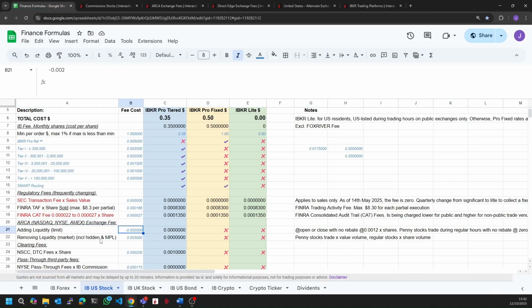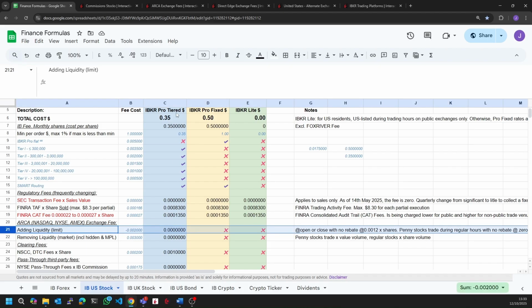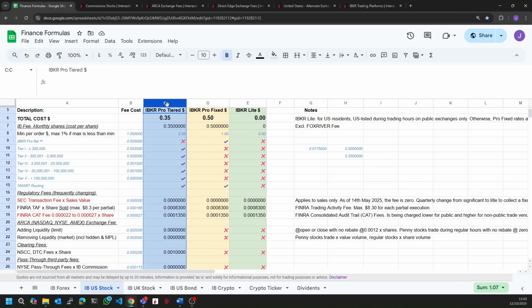And the main idea here is you pay for market orders. So when you remove the liquidity from the trading pool, you pay. When you add liquidity, the exchange is paying you, and the difference is 0.001 cents per share. So this cost is per share, and you pay this only with tiered Pro. So you don't pay it with fixed anymore.